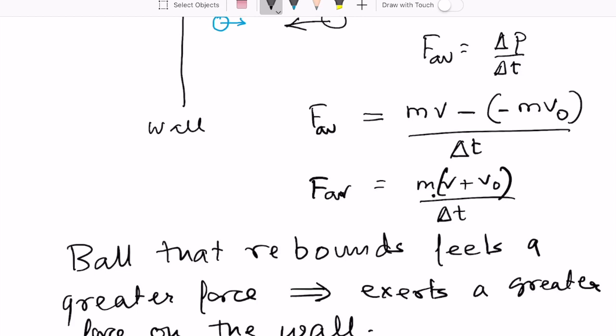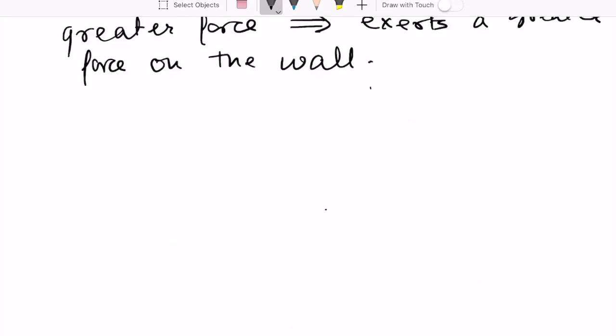So this is a counterintuitive result. You might have thought that they both exert the same force because they're coming in with the same mass and same velocity. But whether something rebounds or not determines the force that it exerts. If it rebounds, it's going to exert a greater force. If it doesn't rebound, it's not going to exert much of a force.